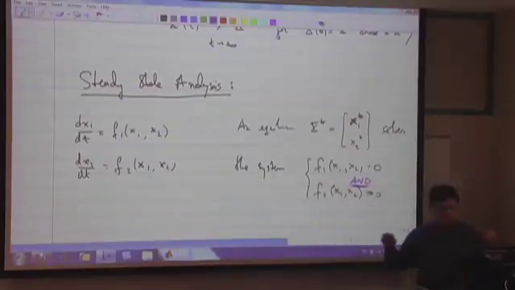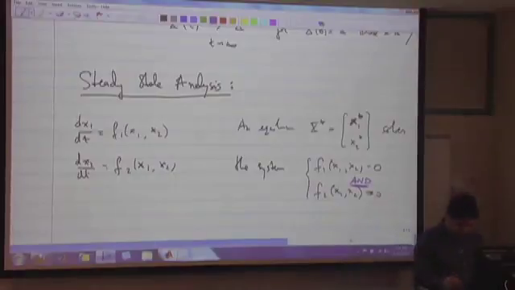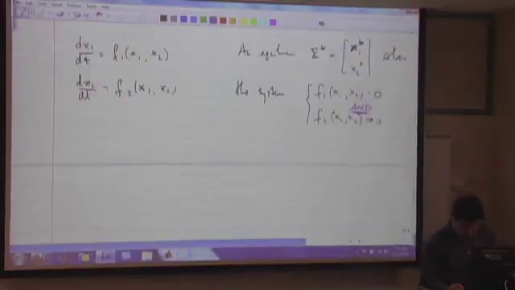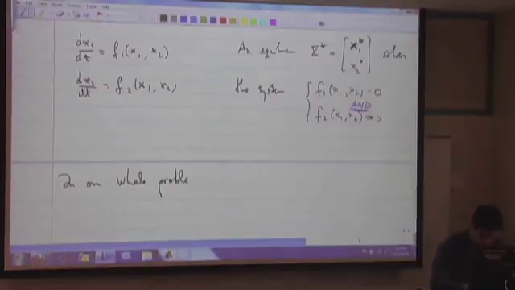Okay? So in our whale problem, excuse me, not coexistence, the competing species model.